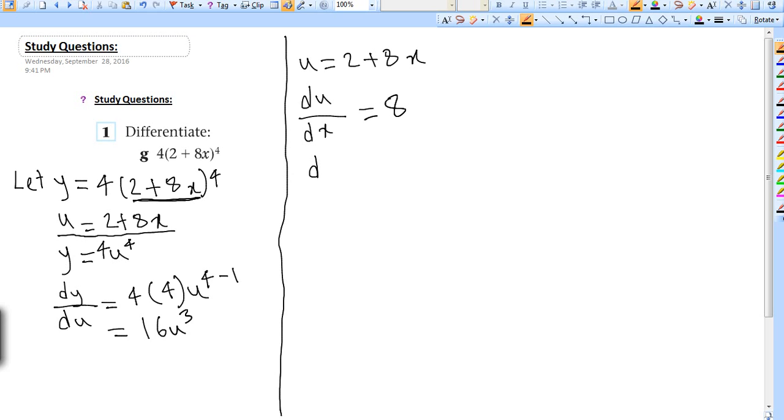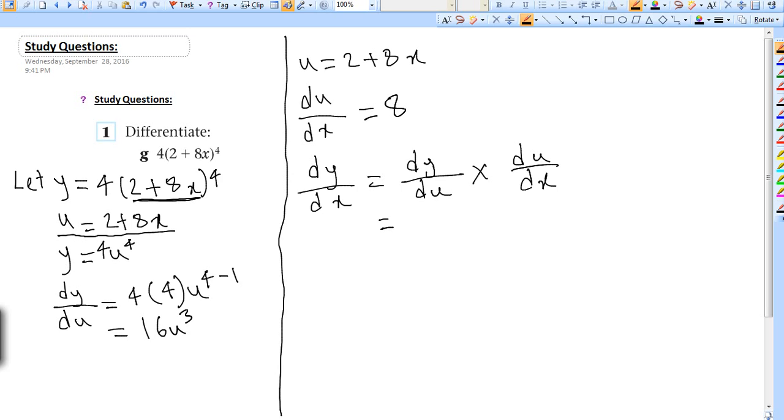We can write dy by dx as dy by du, which we have obtained here, multiplied by du by dx. If we cancel out the du part, we end up with dy by dx.